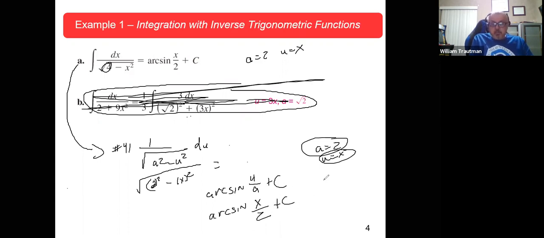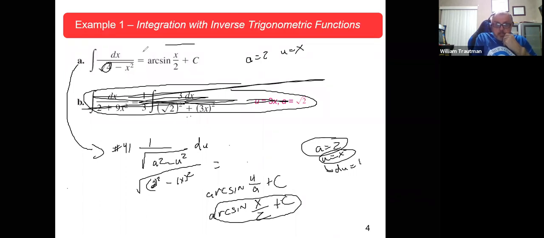And just to show you, that formula talks about du in there. Here's u, the derivative of u, the derivative of x is just 1. That's why it doesn't play a role here. So this is what the answer looks like. We have it right here.